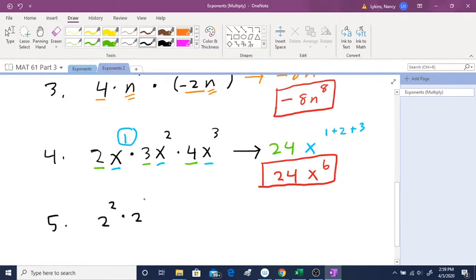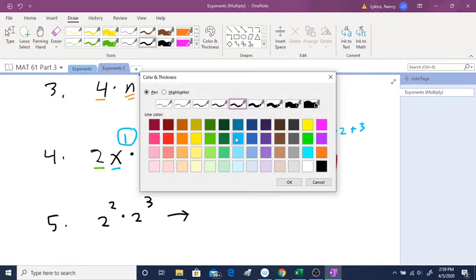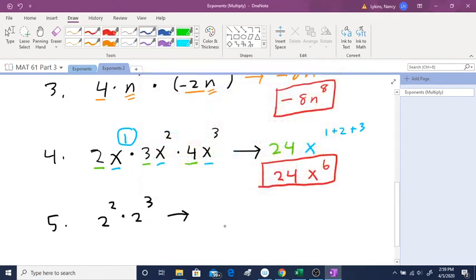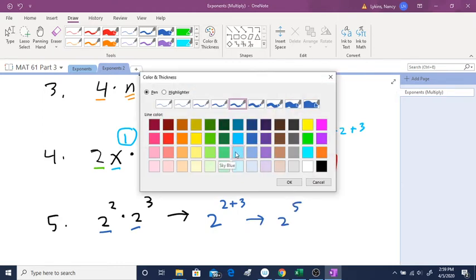Let's put numbers in here. Notice I have my 2 as my base. I've got my exponents, so I'm going to add those up. Now, most of us are going to be asked to simplify this.